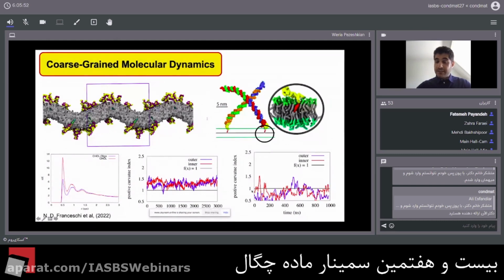It is actually lower than 1, which means it prefers negative curvature. So we have a good understanding of how this system induces curvature, and it's through this small single-stranded DNA part that gets embedded into the head group region of the membrane. The rest is not really that important or has a minor effect.